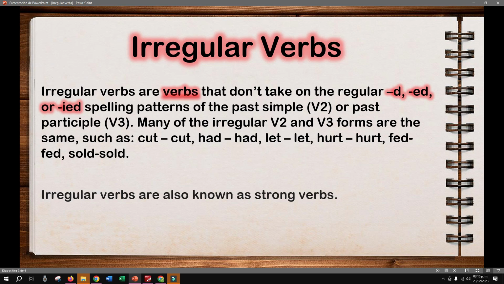In many of the irregular verbs, the V2, the past simple, and the past participle forms are the same, such as cut, cut, had, let, heard, fed, sold, right? So irregular verbs are also known as strong verbs, right?